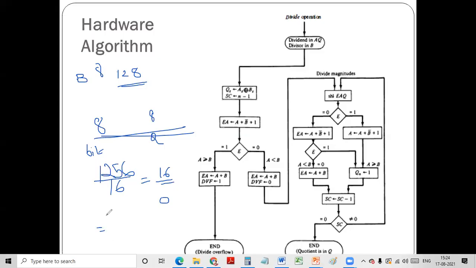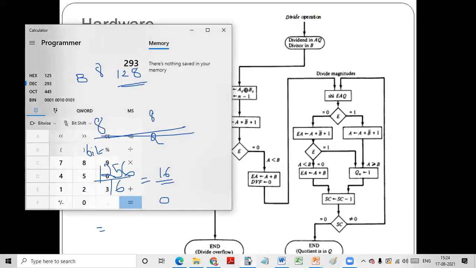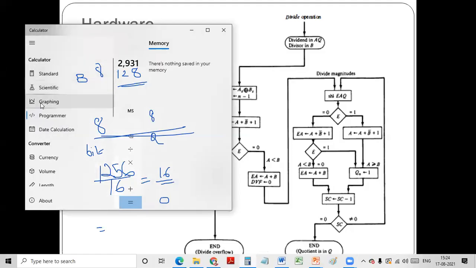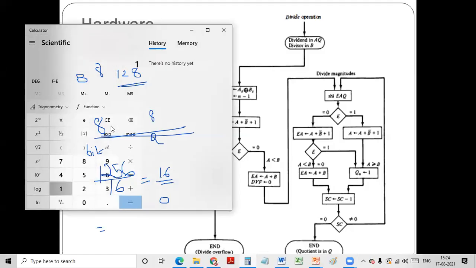How much is this? 1256 by 16, I'll be getting 78. Even here also 2 digits. It can even go 255 by 2, 128.